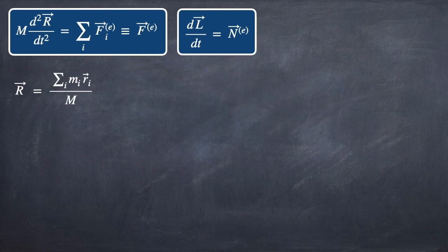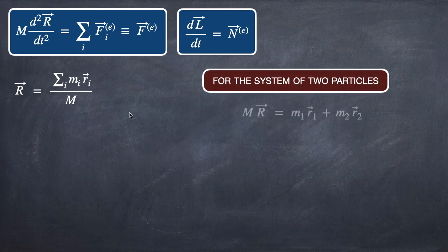First, consider the position of the center of mass, R, and for the system of two particles, we have that the mass multiplied by the vector R is equal to the summation of m_i R_i, which in our case is m_1 R_1 plus m_2 R_2.